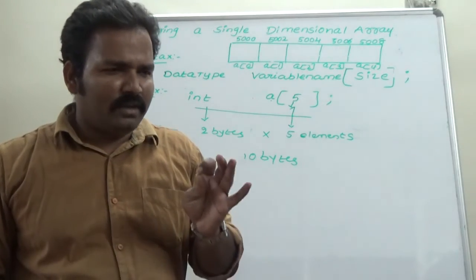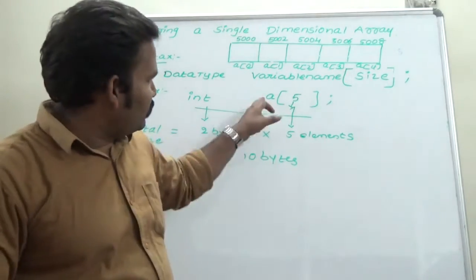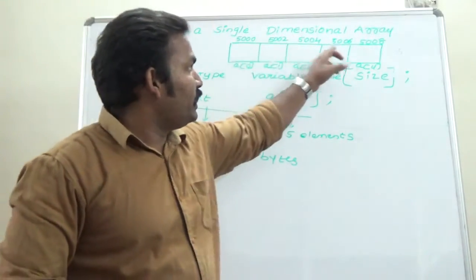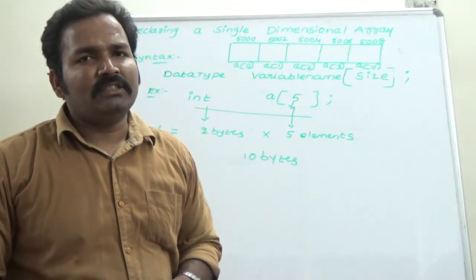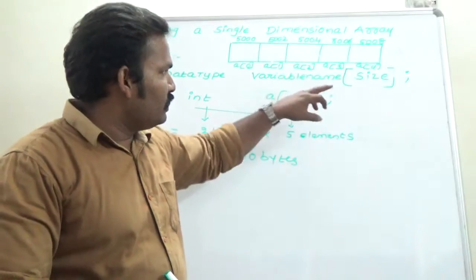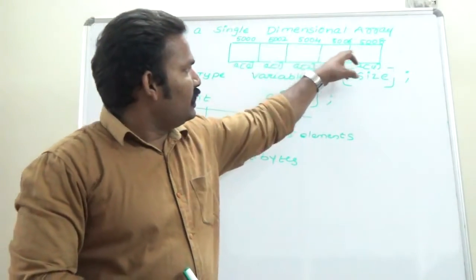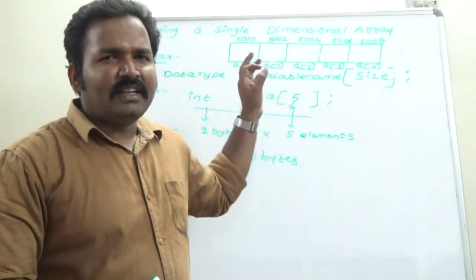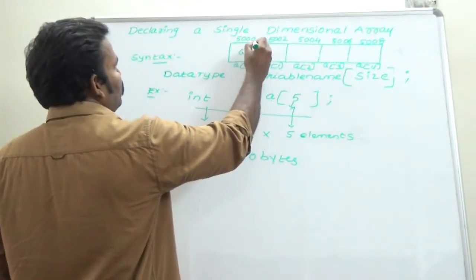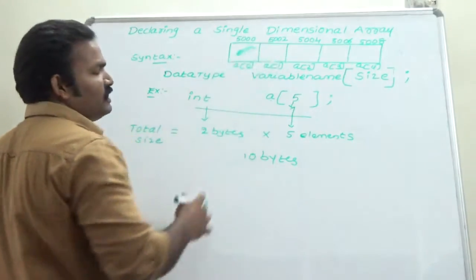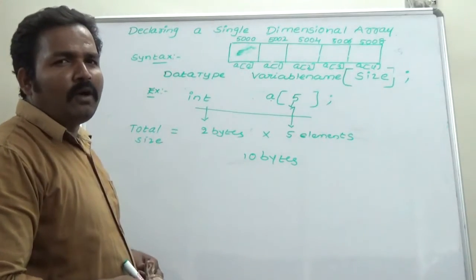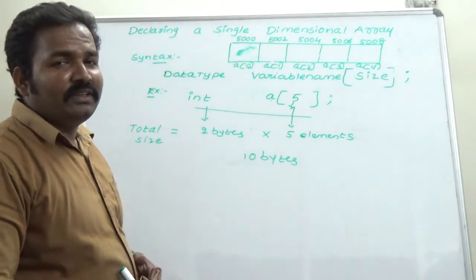If you are not storing elements into an array, they are automatically initialized to garbage value. Garbage value means unknown value. Now we'll see how to assign elements to an array.